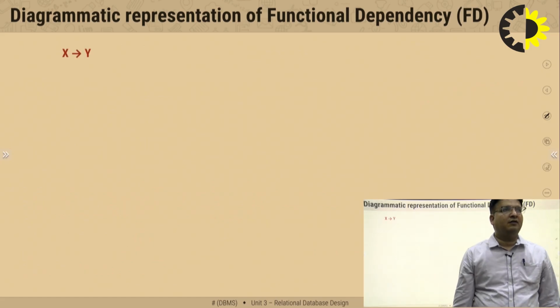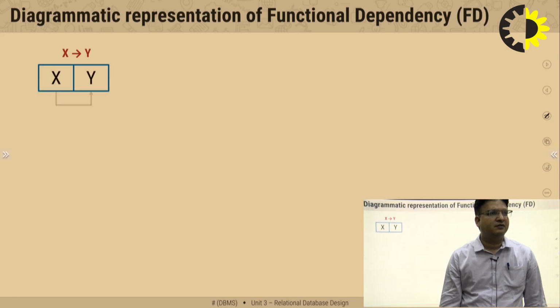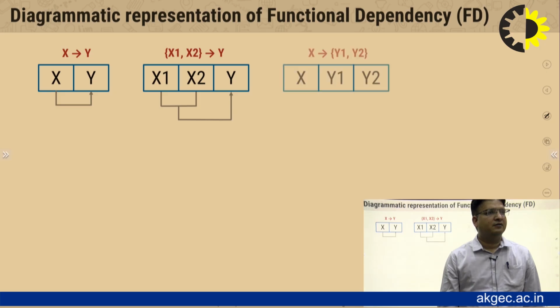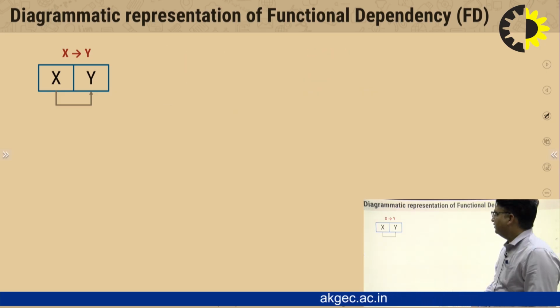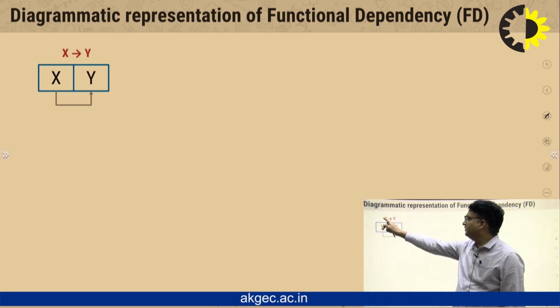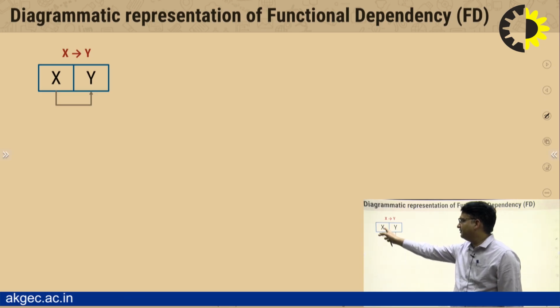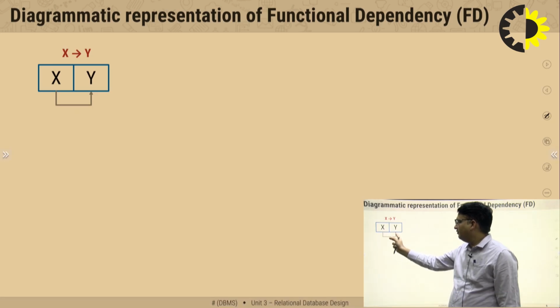Now let us see how to diagrammatically represent this functional dependency. There are various representations. First, there is an attribute x which determines y. Diagrammatically we will represent this as x and this is y. This arrow edge shows x determines y.